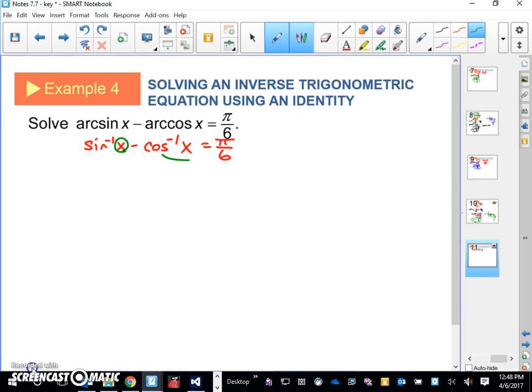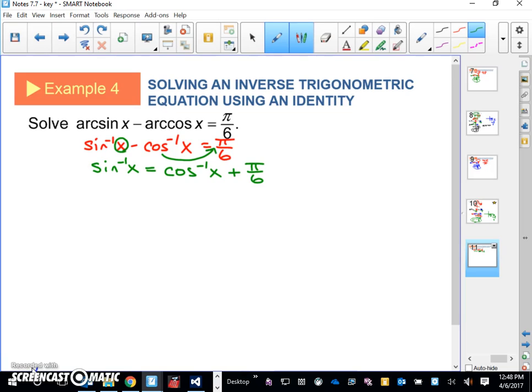What I'm going to do is add this inverse cosine x over to the other side. If I was going to try to isolate this x, I would add the inverse cosine x over, and so I'd have inverse sine of x equals inverse cosine of x plus pi over 6. Keep going with the isolation.